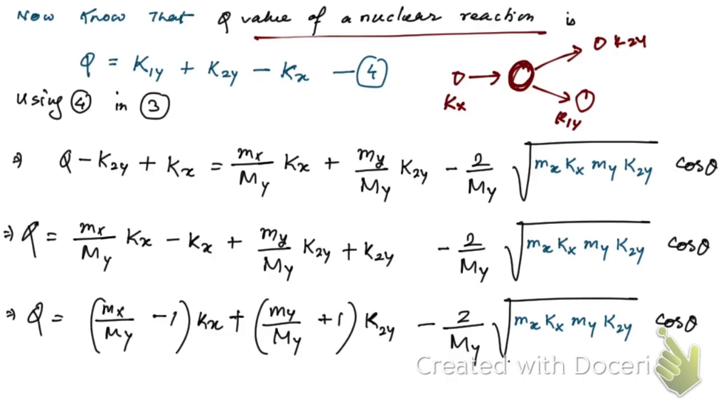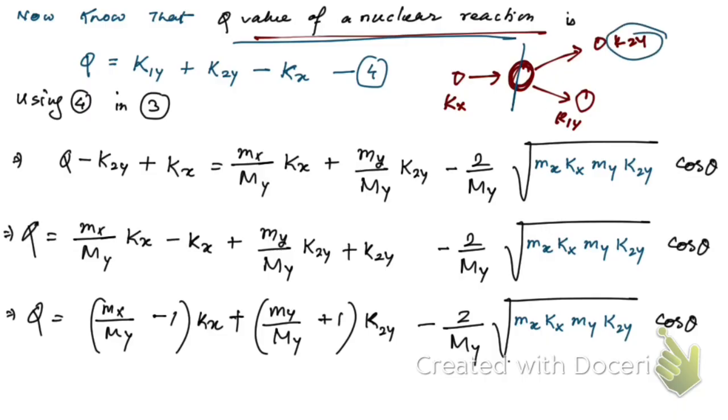So you will see that the total kinetic energy before collision and after collision are not equal. There will be a difference in kinetic energy, which is the Q value of the nuclear reaction.